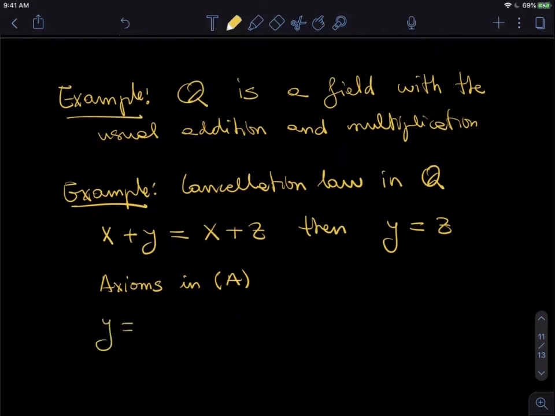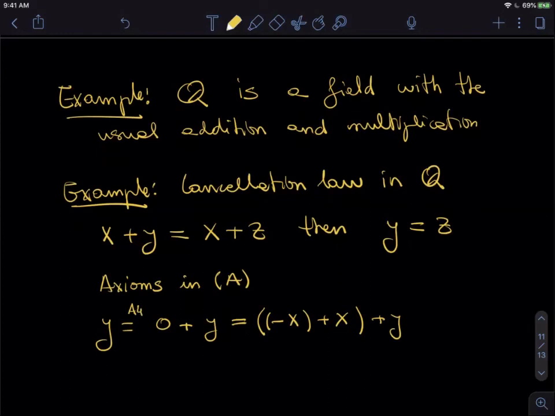We can say, well, y equals 0 plus y, right? This is the A4. Then I can write 0 as the inverse of x plus x. Right, so this was A4.